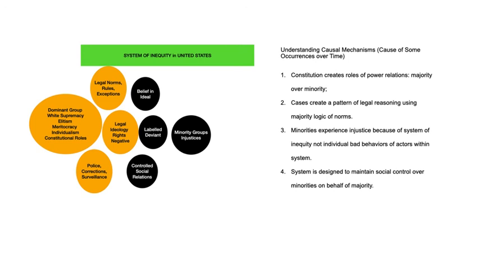So legal cases create a pattern of legal reasoning using the majority logic of the norms, right? Since like the 1930s, for example, judges have been using an economic interpretation of stability and predictability. They didn't really use that prior to the 30s. So this became a way of controlling the economy as another way of influencing the legal norms and maintaining social control.